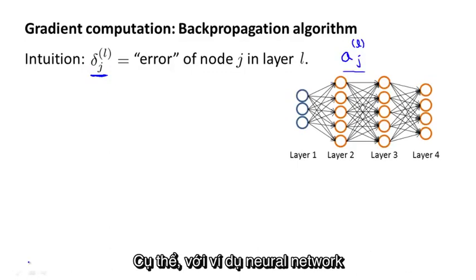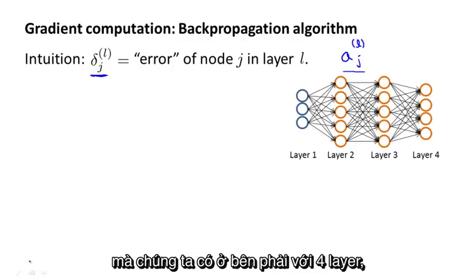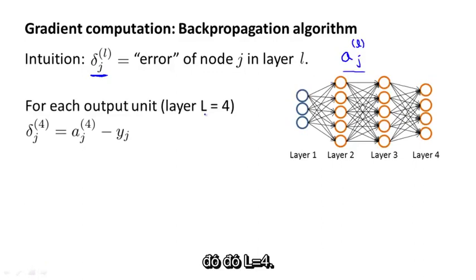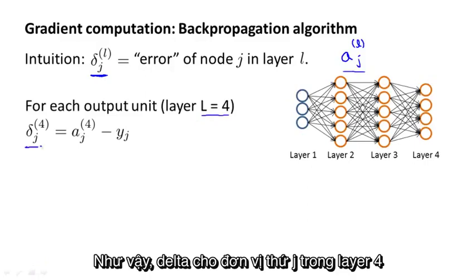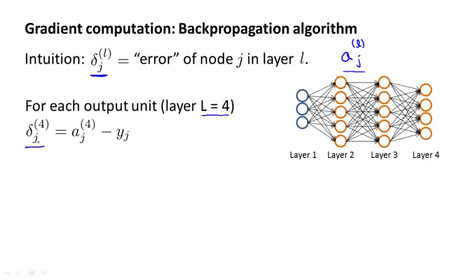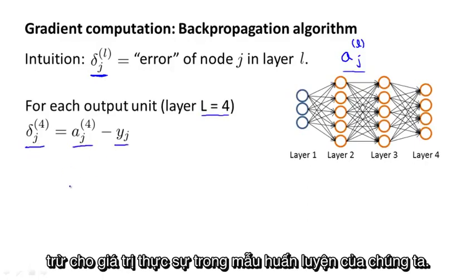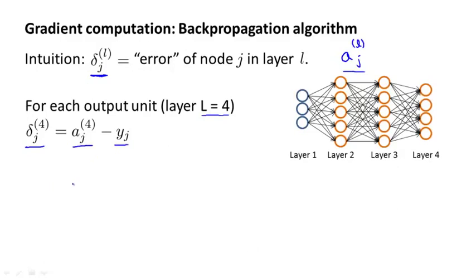Concretely, taking the example neural network that we have on the right, which has 4 layers, and so capital L is equal to 4. For each output unit, we're going to compute this delta term. So delta for the jth unit in the 4th layer is equal to just the activation of that unit minus the actual value observed in our training example.